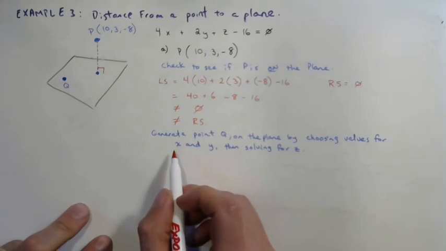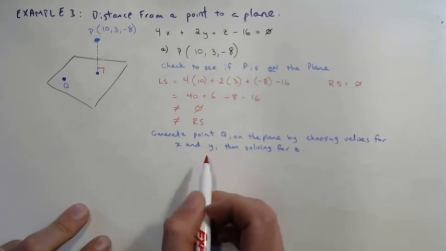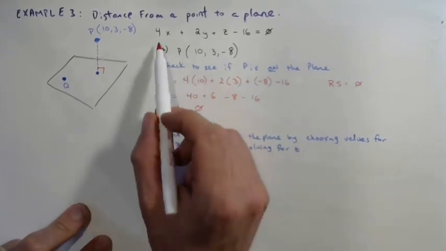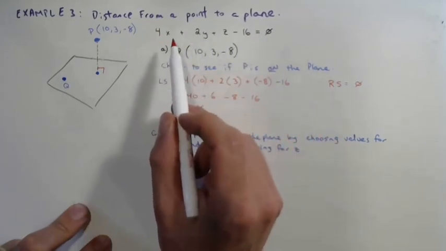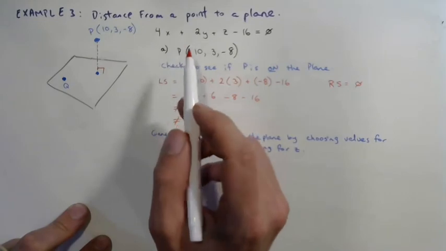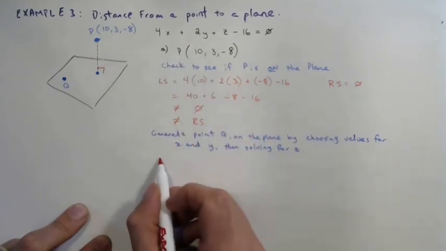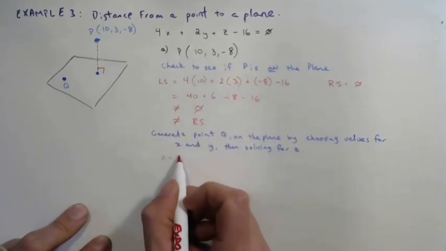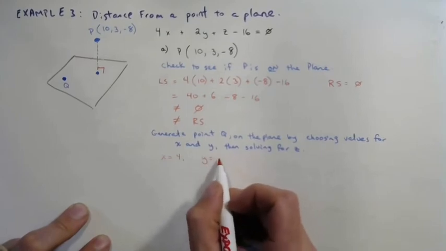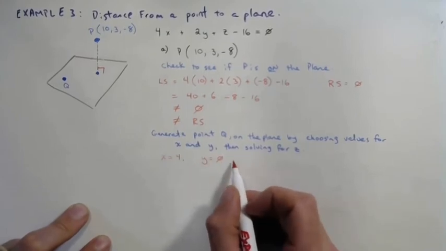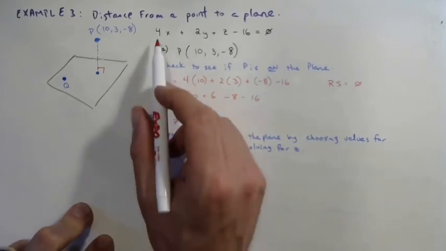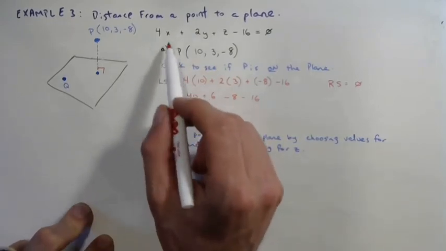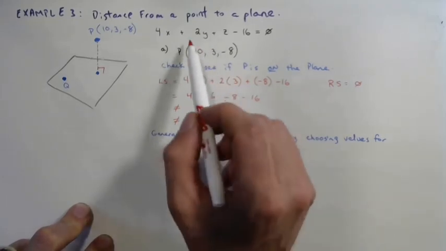So here's what we would do then. We can pick any two values for x and y and solve for z in a way that it will still satisfy this equation. That means that point is going to be on the plane, okay? So we're going to start with x equals 4, y equals 0, and then we're going to solve for z. And what happens if we put 4 times 4 is 16, y is 0.